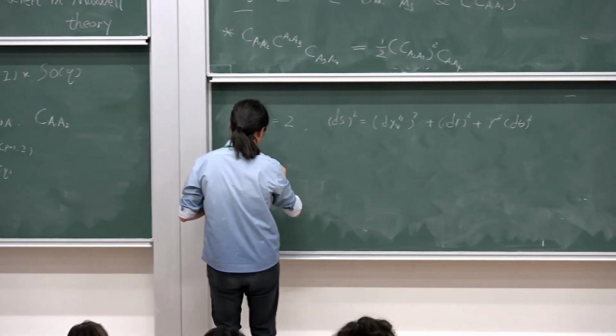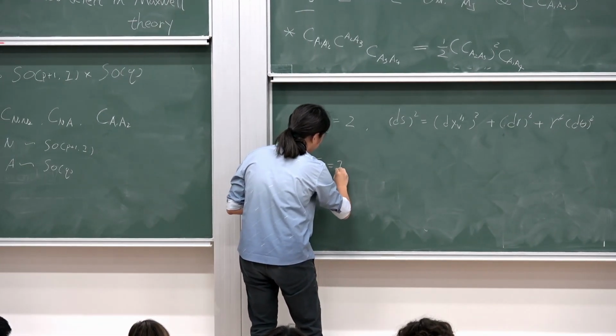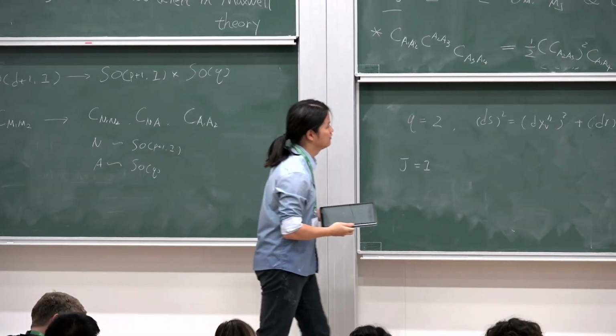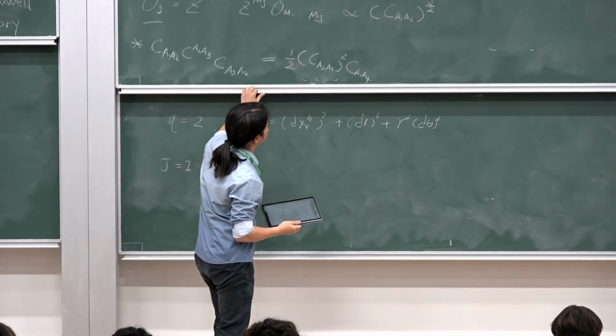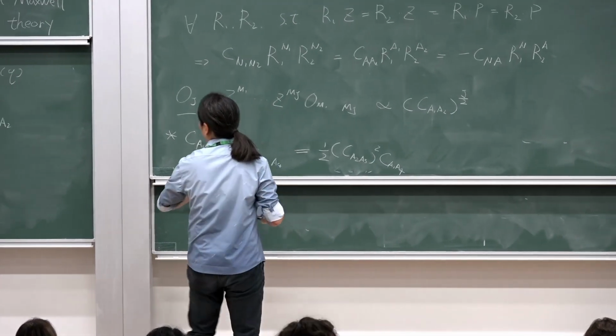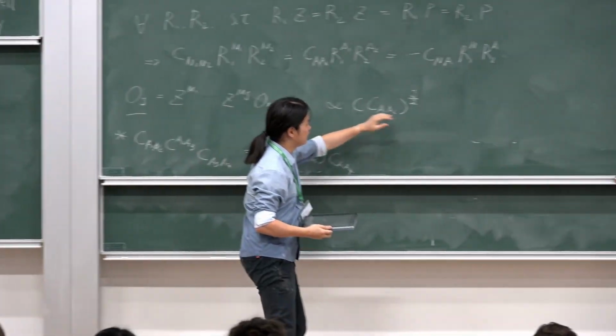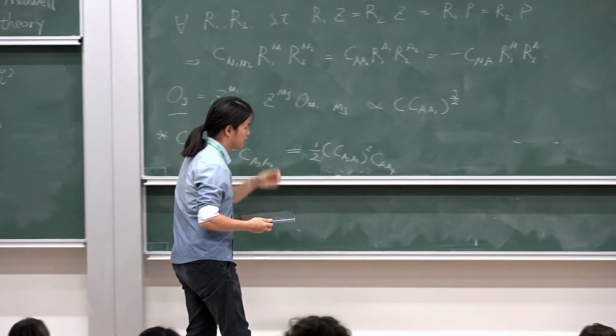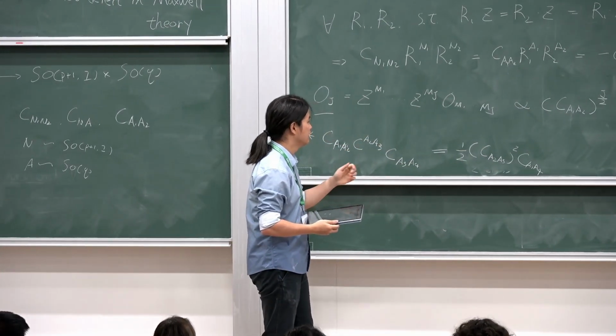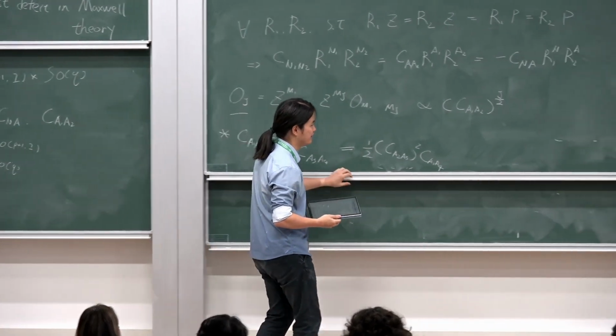And you can find that for j equal to 1, it happens that the square root here can be solved, and it is indeed a polynomial in Z.